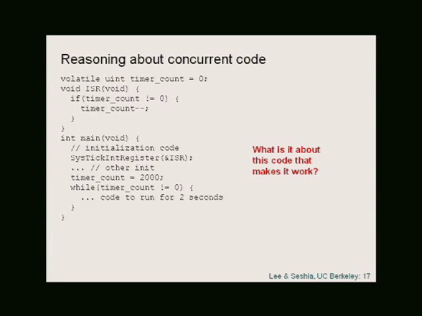So under what conditions would that be highly unlikely to happen? The time you're predicting the ISR to take is much shorter than the period of the interrupt. Okay, so if the time that the ISR takes to execute is much, much shorter than the time between interrupts, right?